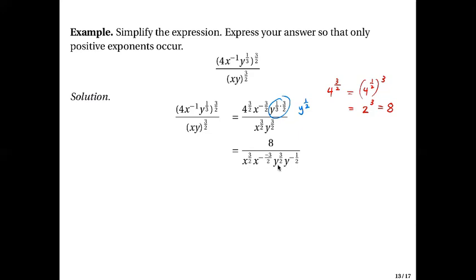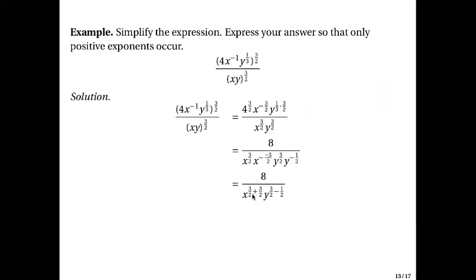And then you just simplify. You have x raised to 3 halves times x raised to negative of negative 3 halves. It means that you'll just have to add them, 3 halves plus 3 halves for the power of x. For y, you have y raised to 1 half and y raised to negative 1 half, so you will have 3 halves minus 1 half. Okay?